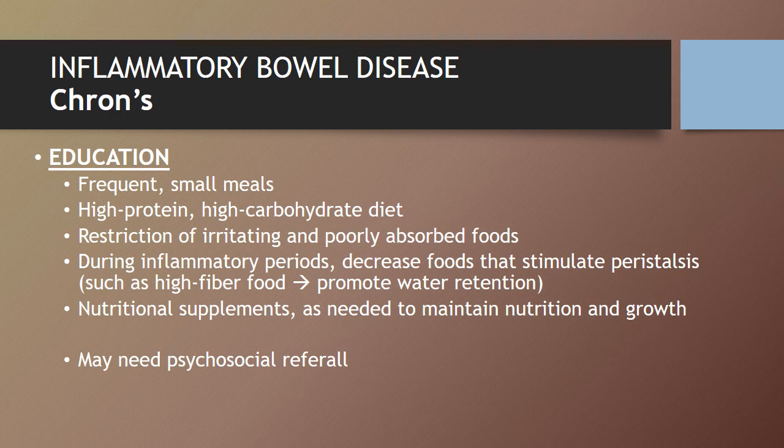And then, as I stated already, nutritional supplements as needed to maintain nutrition and growth, especially in the younger kids, because you've got to make sure they're getting what they need to catch up to where they need to be, especially if this has been affecting them for some time and they're just not getting diagnosed. And then they may need a psychosocial referral, because coping with the disease is big, and they may face issues related to school absences and tardiness, and they may need special bathroom privileges at school.